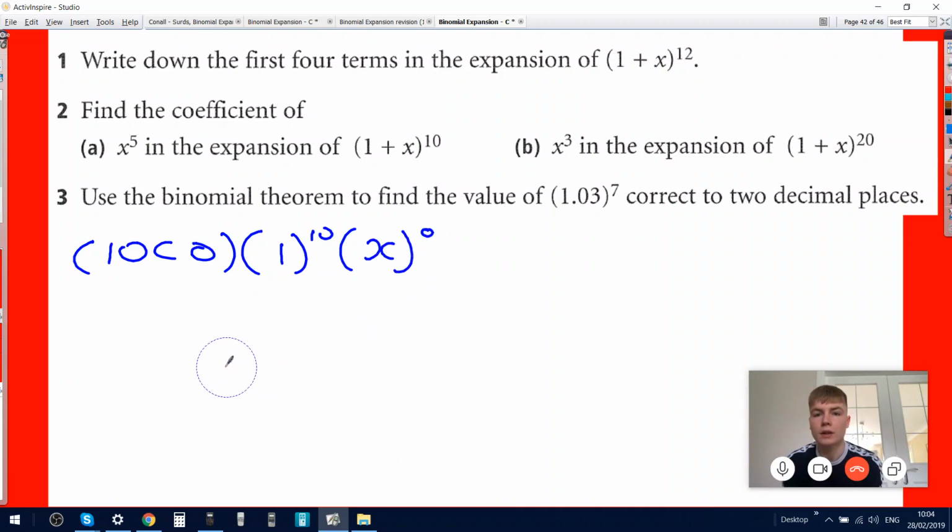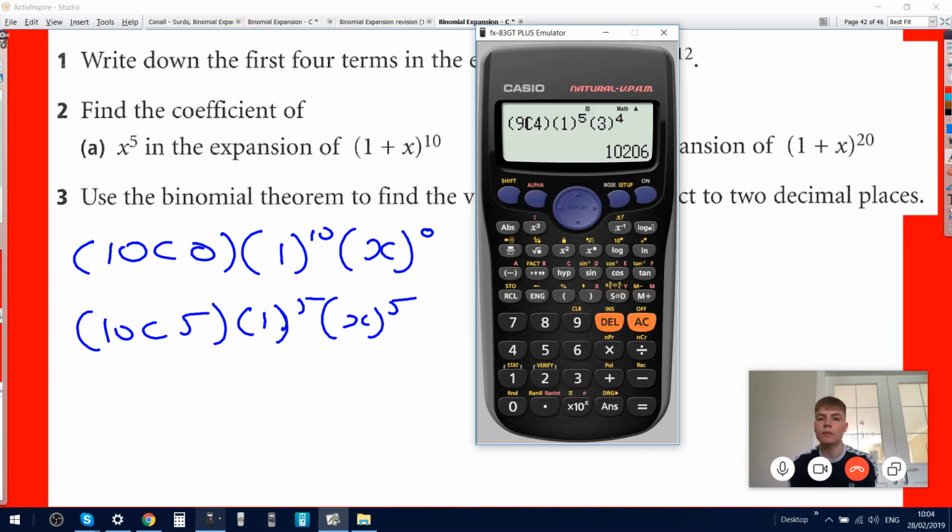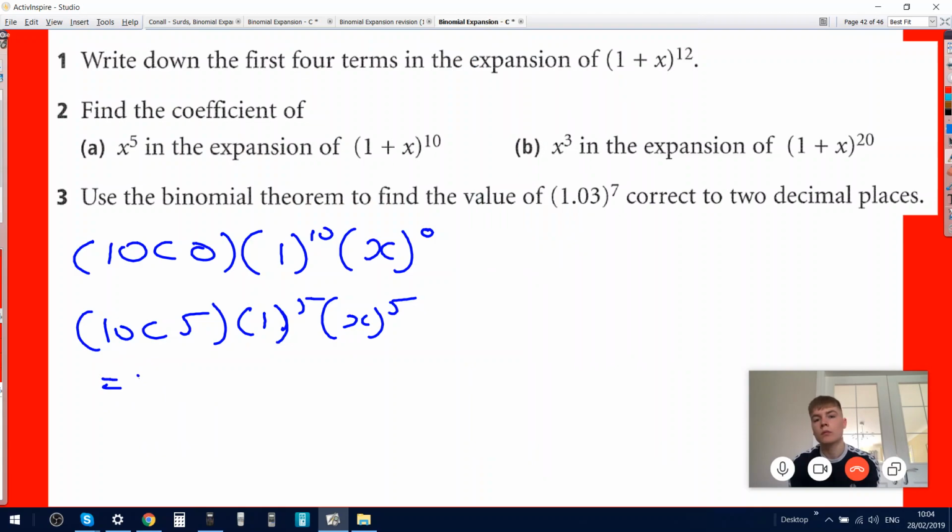And then I'd go to 10C5, and then it'd be 1 to the 5 as well, and x to the 5. Then you just put that in your calculator without the x. I think I can get away with just putting in 10C5 because it's times by 1. 252.